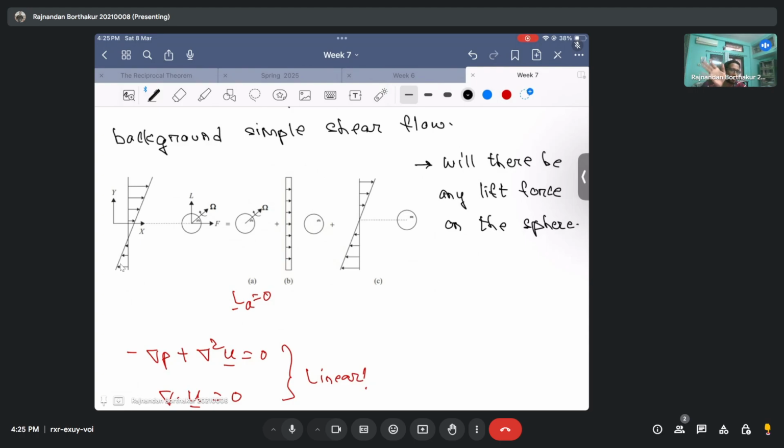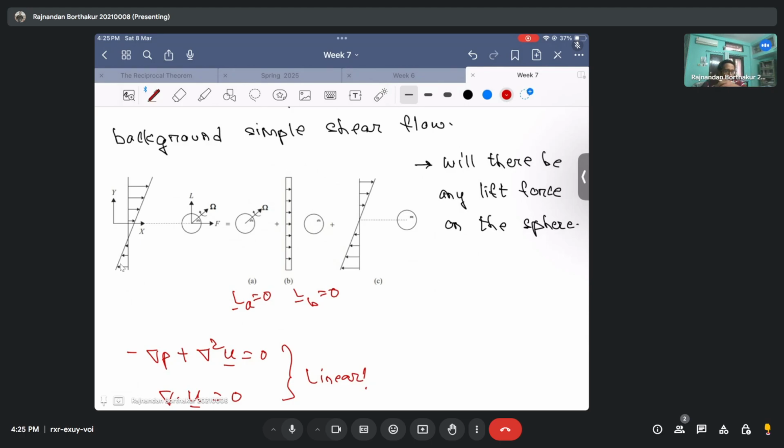There will just be a drag force, which is 6 pi mu times U times the radius of the sphere, a. So in case B, the sphere is just going to have a drag force, that's the Stokes drag that you just calculated.